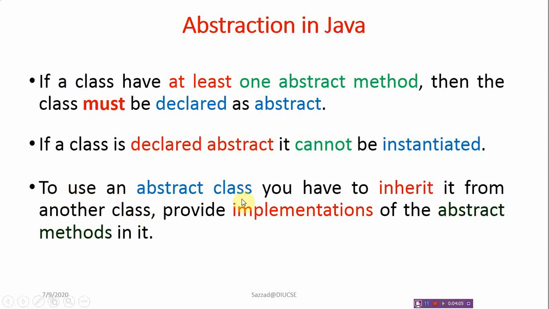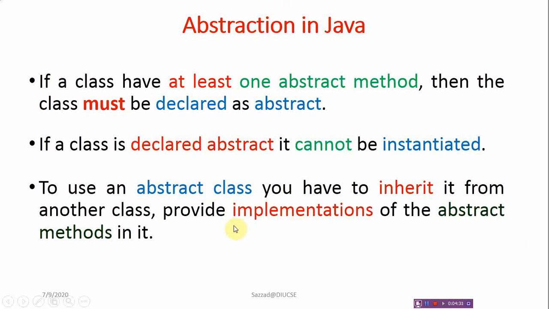To use an abstract class, you have to inherit it from another class and provide implementations of the abstract methods in it. It is exactly the condition of an interface: to use an interface we need to extend it and then implement all the methods in it.